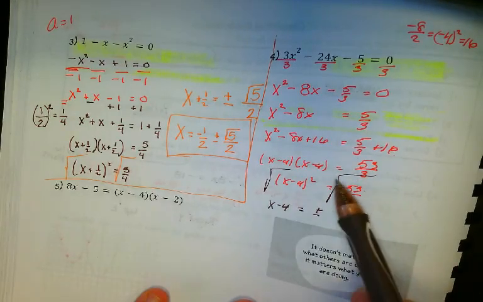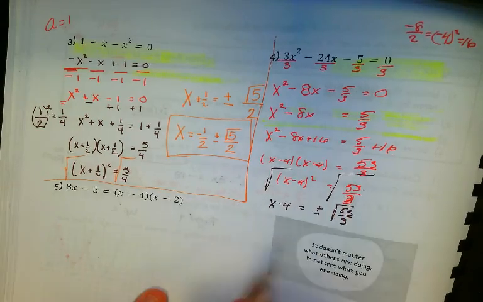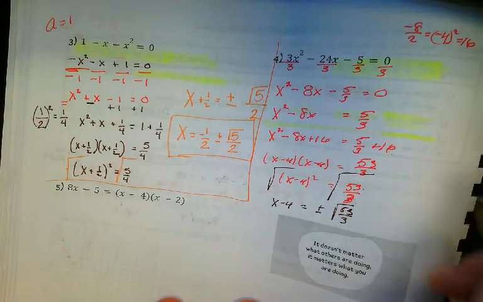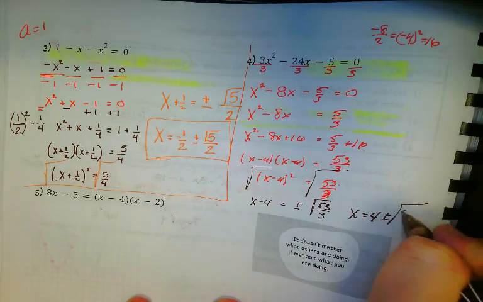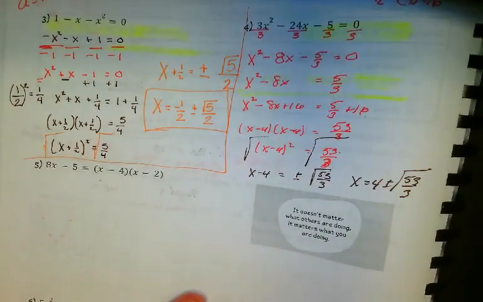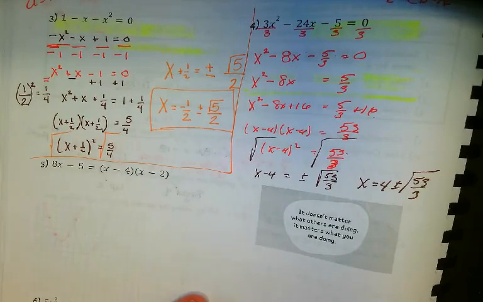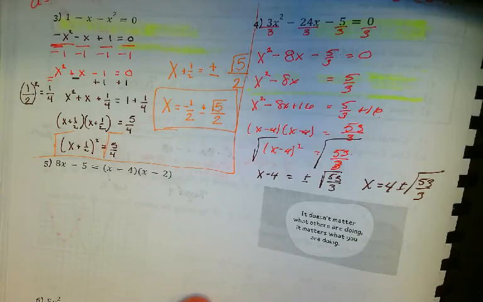So I'm going to leave them both under the root. I've got the square root of 53/3, and then all I'm going to do is add over the 4. So I'm getting 4 plus or minus the square root of 53/3. Because I don't know them, I'm not going to simplify. Neither of them break down. It is what it is.